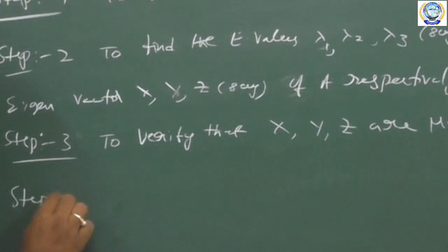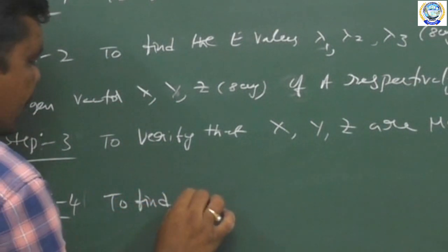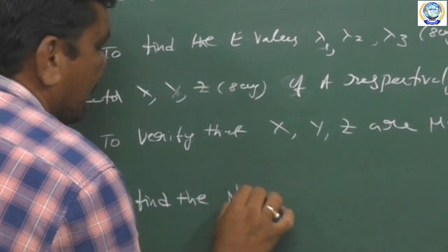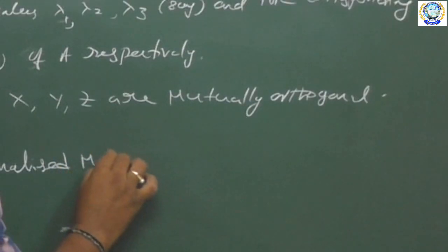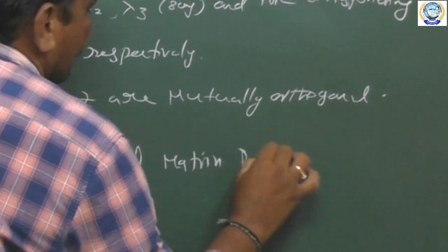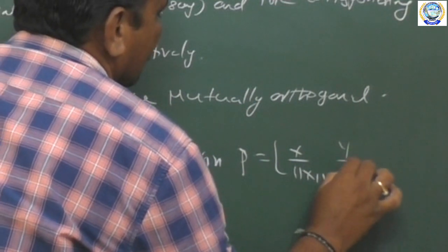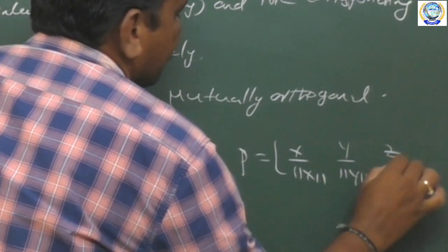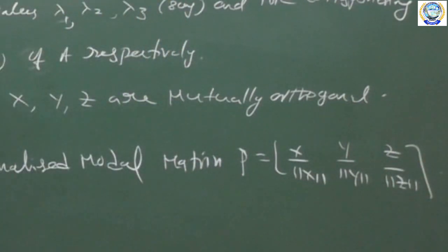In step 4, to find the normalized model matrix P is equal to X by norm X, Y by norm Y, Z by norm Z.